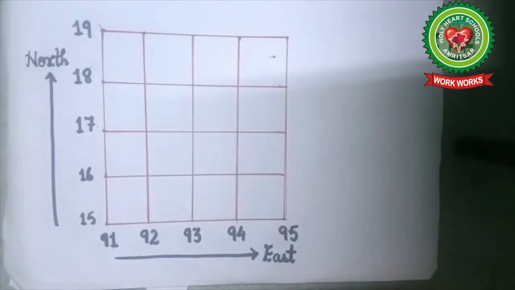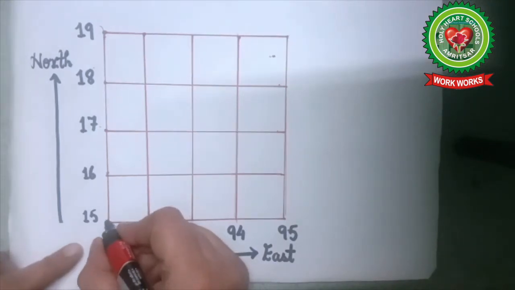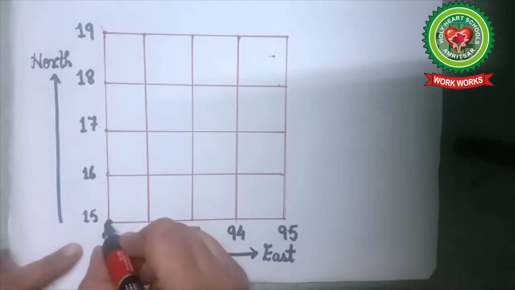Children, we have already studied in the previous video that the following points should be kept in mind while reading the grid reference. Origin is the southwest corner of the map, and the reading of the map is always taken with reference to this origin.